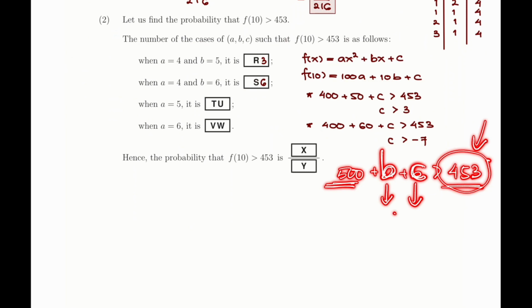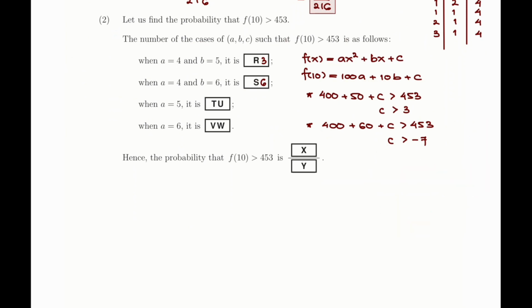So, how many cases are there? We have 6 possibilities for b and 6 possibilities for c. So the total cases are 36.